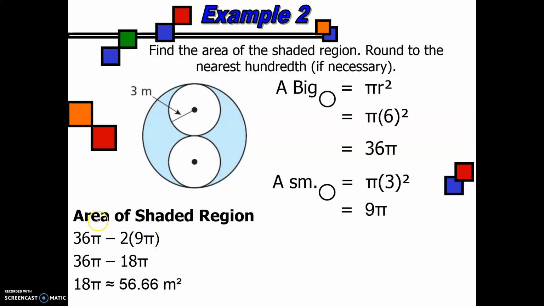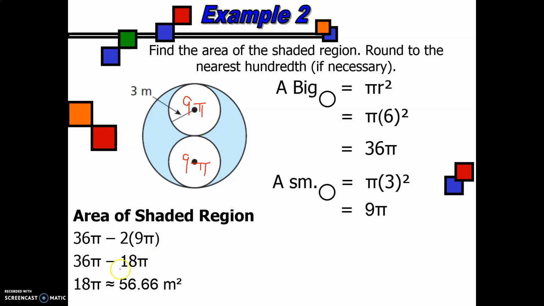So here's our final area of our shaded region. We take the entire area, which is 36 pi, and we subtract 2 times 9 pi, because remember, each of these circles has an area of 9 pi, which is approximately 28.33 or so.